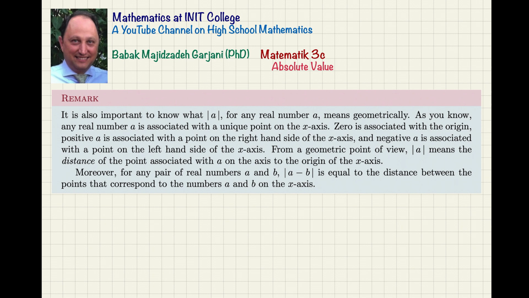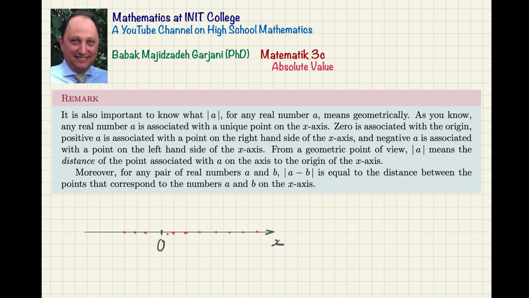So you know that to any number you can associate a point on the x-axis. So for example, if you have an x-axis here, and some point of it is called the origin of the x-axis, and because this is a geometrical object, this is not a number, this is a shape, this is an axis, it consists of infinitely many points.